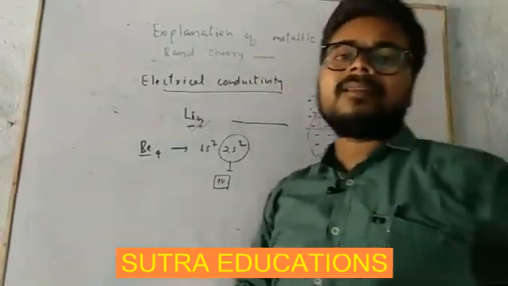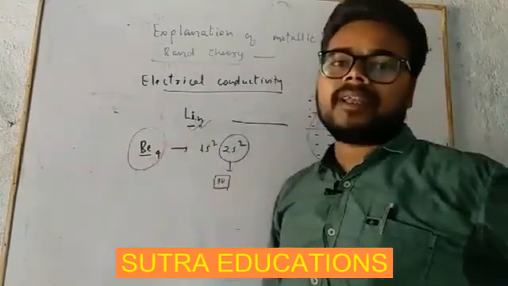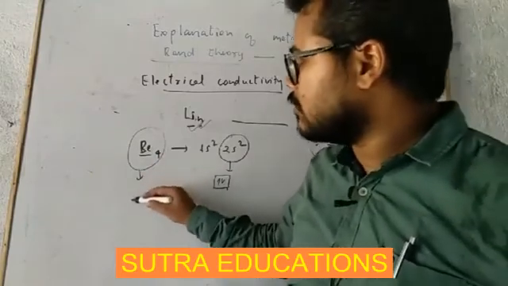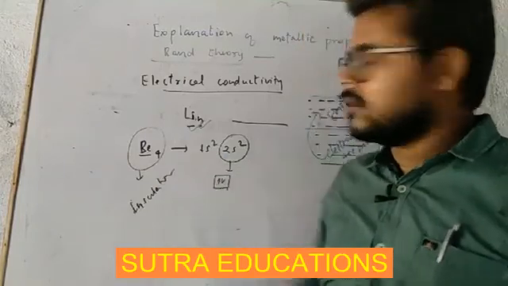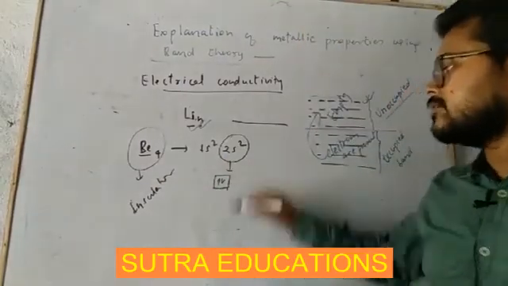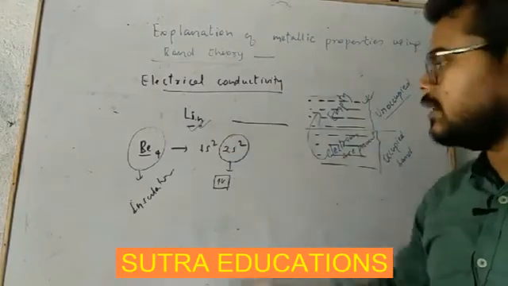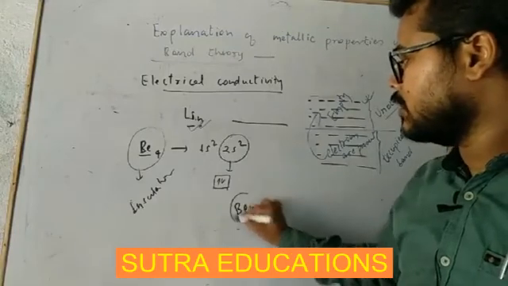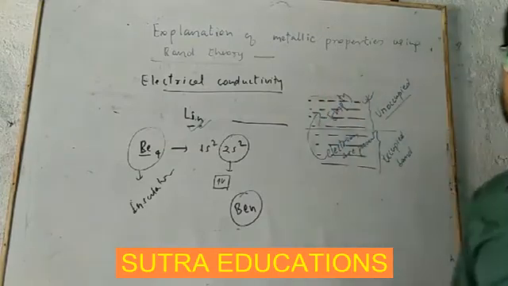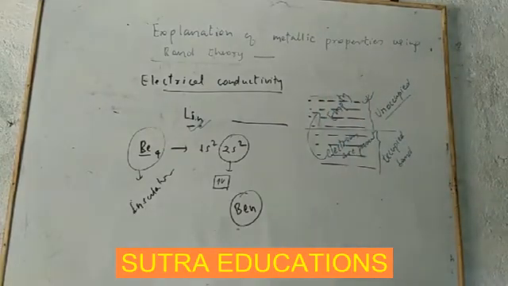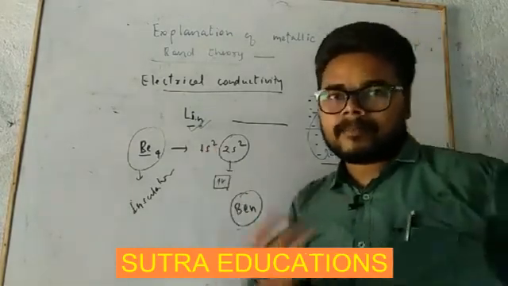Then according to this, Be should be an insulator, because in its 2s, 2 electrons are present. In the case of Be n molecule, all of the levels of the band will be occupied by electrons, so there will be no space for the electrons to move. So how could it be a conductor?